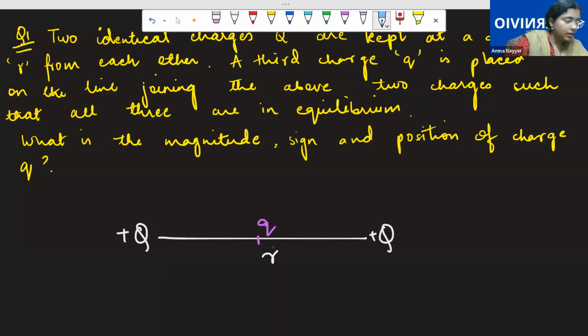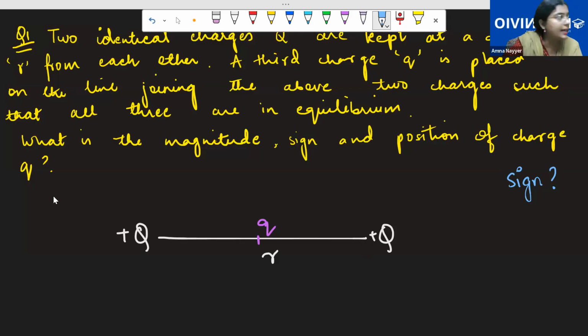Now see, when we talk about the forces over here, first, how to determine its sign. You know the other two charges are plus, plus.